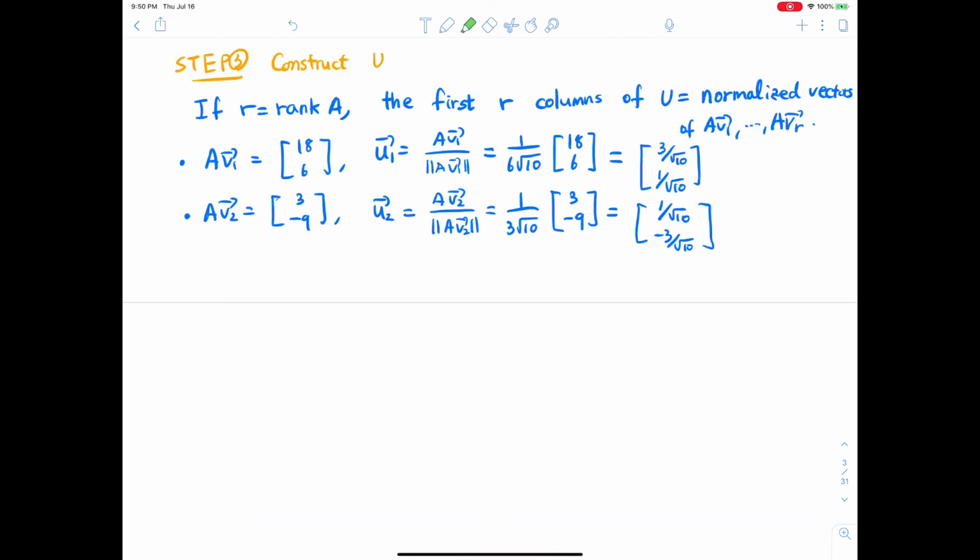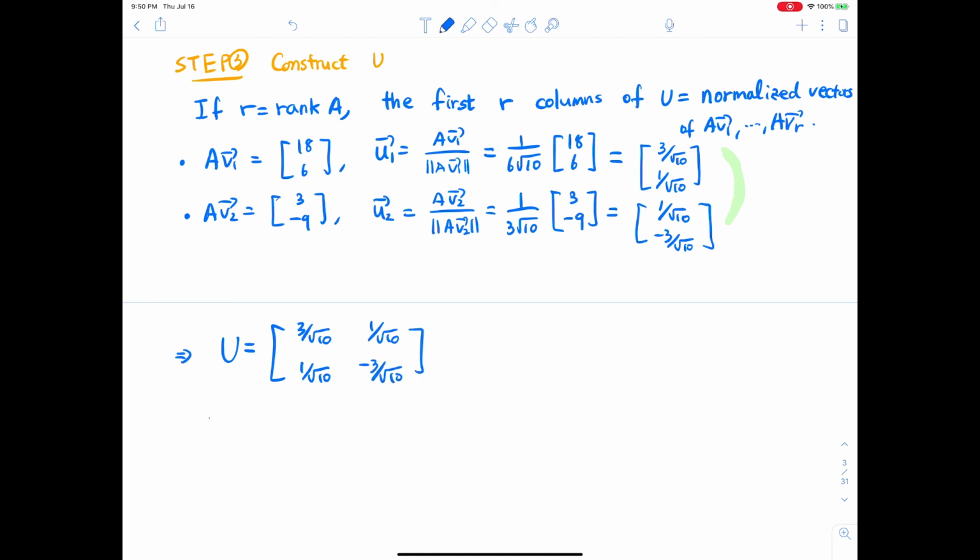So using these two vectors, we can build U as 3 over square root of 10, 1 over square root of 10, and 1 over square root of 10, and negative 3 over square root of 10.